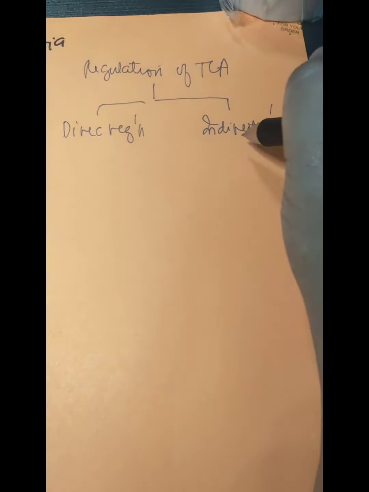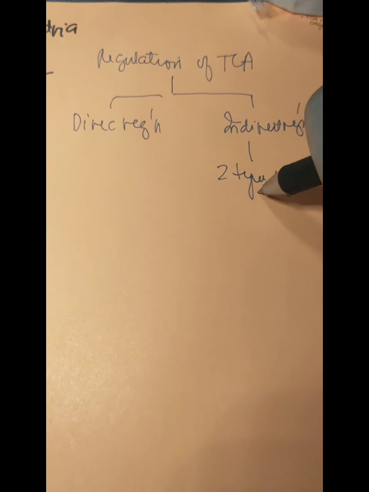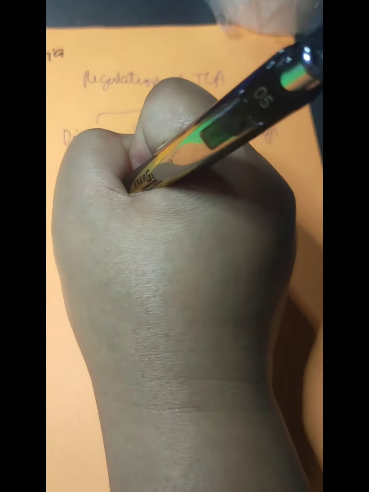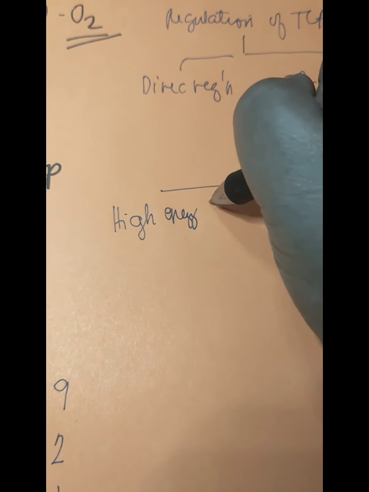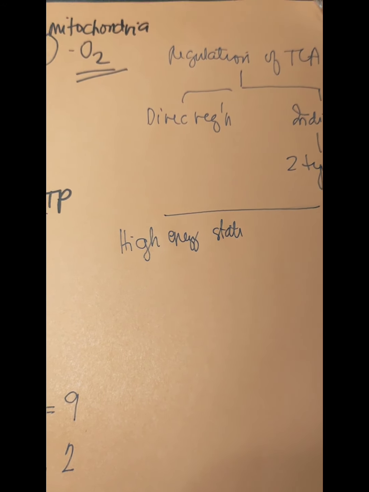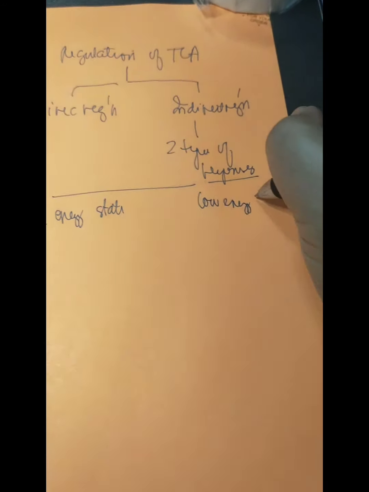Okay? So, in the indirect, depende to sa, there are 2 types of responses. So, una muna, a response to high energy state, at yung pangalawa natin ay ang low energy state.